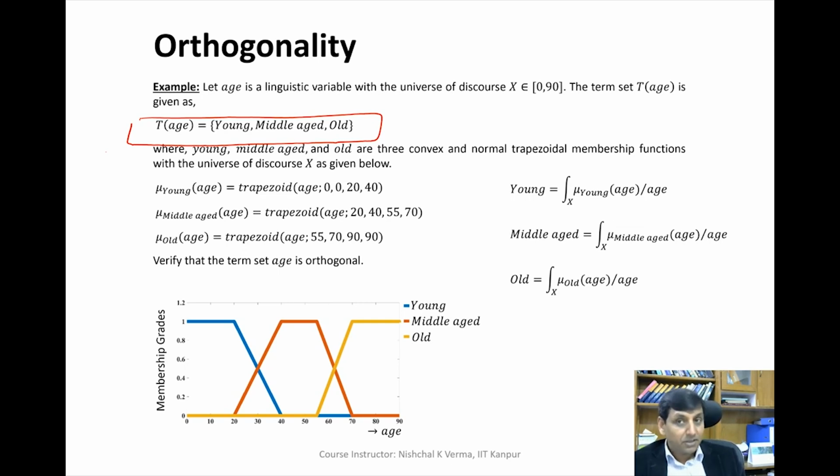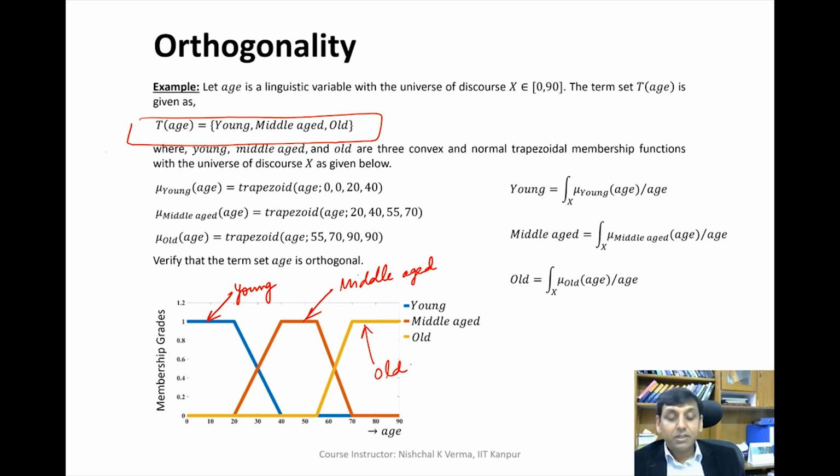and these 3 linguistic values are represented by, or characterized by, fuzzy sets. So if we have this as young, and this as middle-aged, and this as old, we have 3 fuzzy sets.